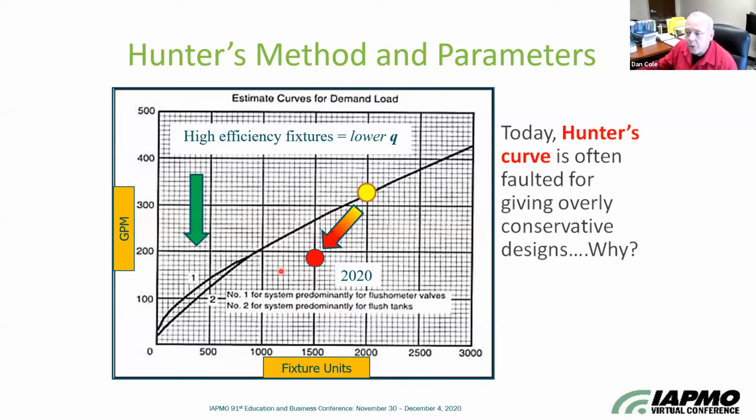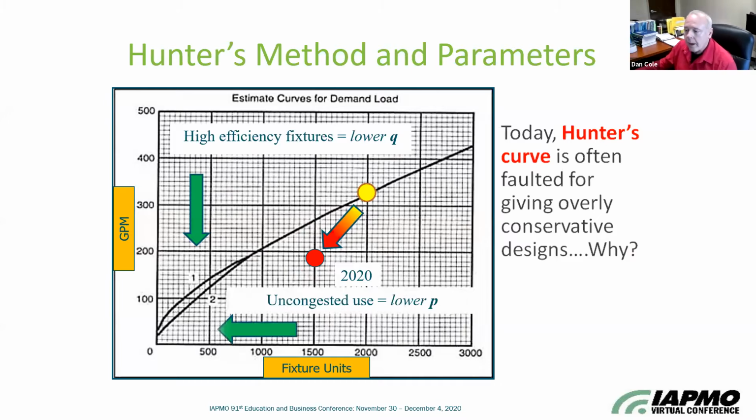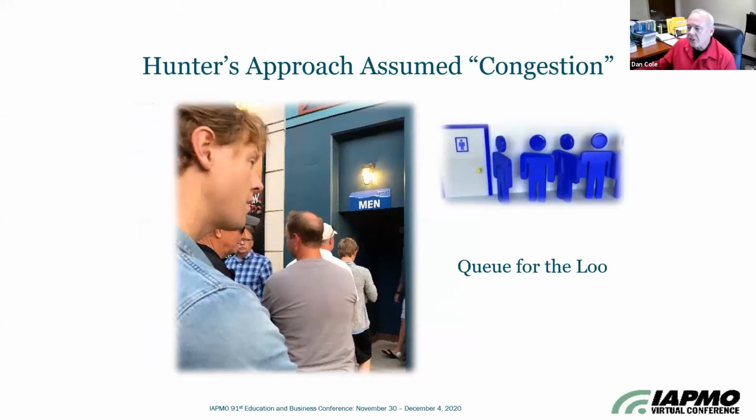There are two reasons. One is that today we use high efficiency fixtures with a lower flow rate. And Hunter designed for the worst case scenario, but most building types have uncongested use and not congested use. So what does congested use mean? This is the worst case scenario that Hunter used.